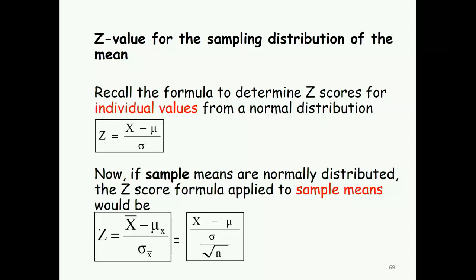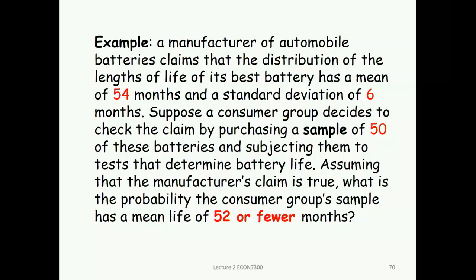So now we are starting to talk about using the sample to calculate probability. Take one example. A manufacturer of automobile batteries claims that the distribution of the lengths of life, this is the claim, has 54 as the population mean and 6 as the population standard deviation.